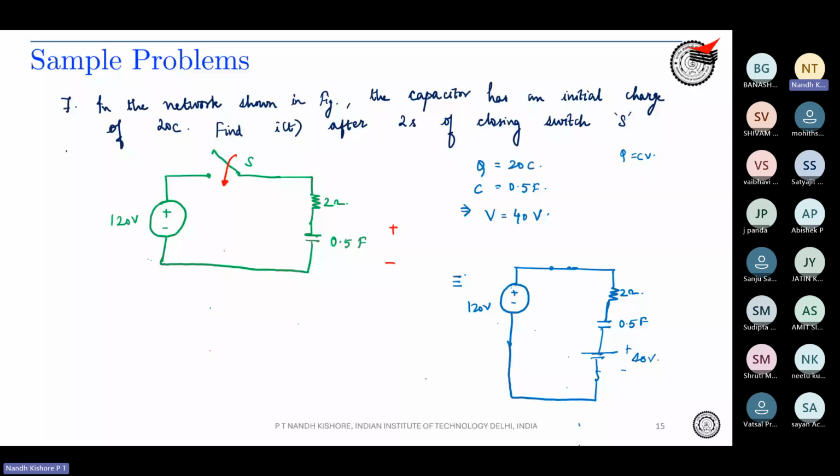This is just the initial voltage. It is not a voltage source that is continuously 40. Obviously, the voltage would decrease from 40 as you close the switch.